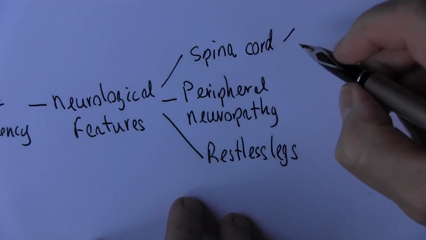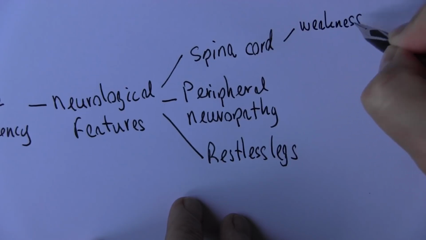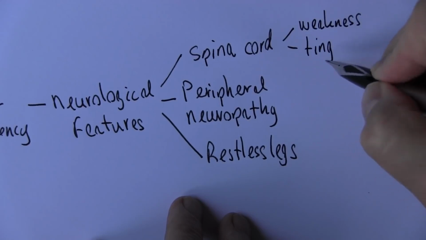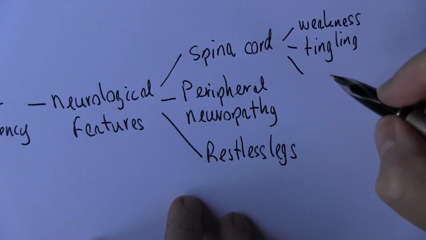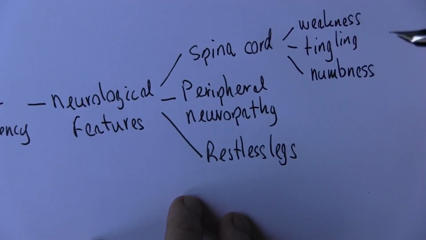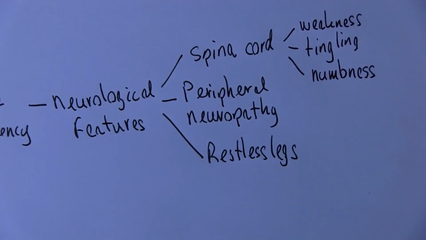And so we can get weakness, tingling, and numbness. And these start very gradually but can become more severe. So B12 deficiency.